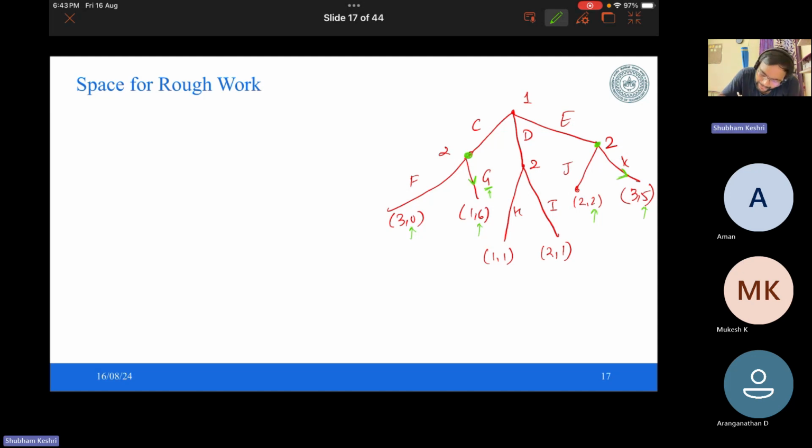Now, an interesting thing happens at this node. Player 2 is indifferent between playing H and I. It can either play H or I. This is another limitation of backward induction.